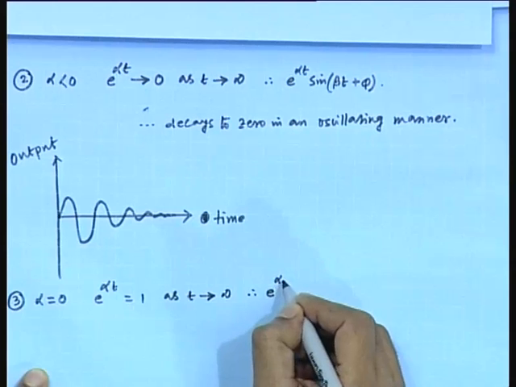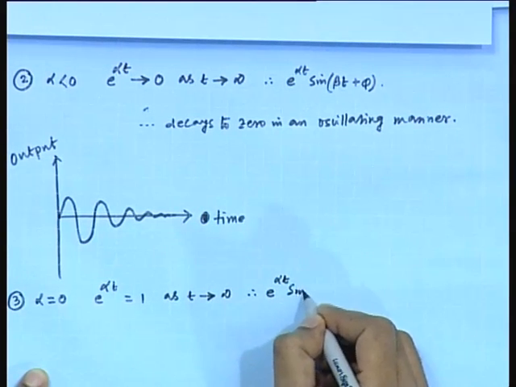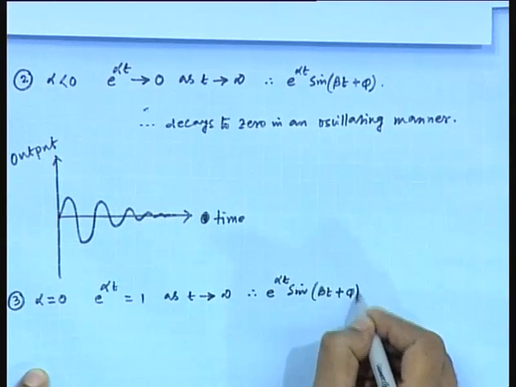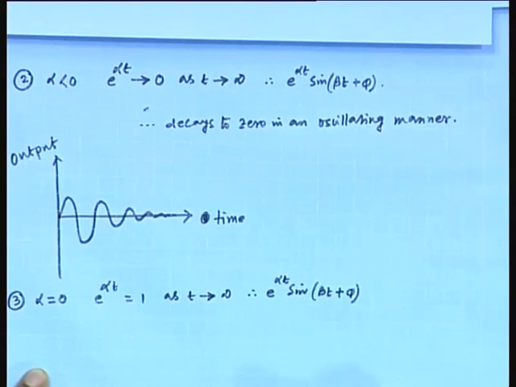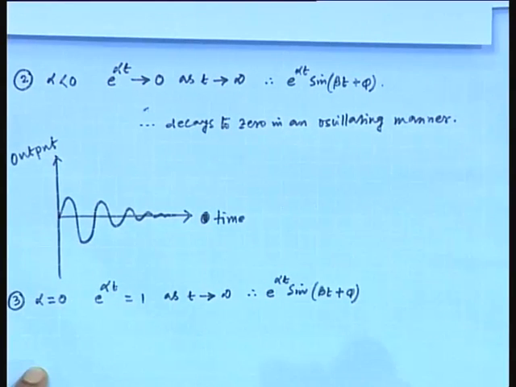So, exponential of alpha t multiplied by sin(beta t plus phi), what will be the response? Sinusoidal, I mean in constant amplitude.